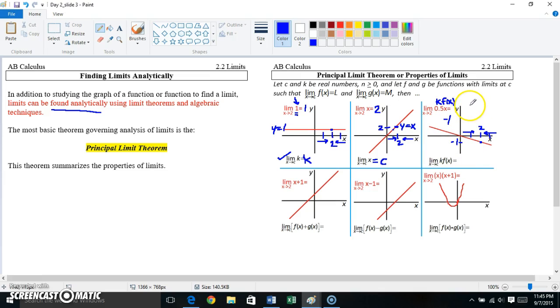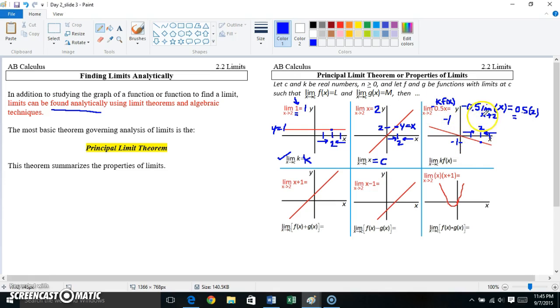I could look at that as half of the limit of the function x as x approaches 2. The limit as x approaches 2 is 2, and half of 2. Oh, I apologize, that should be a negative half x.